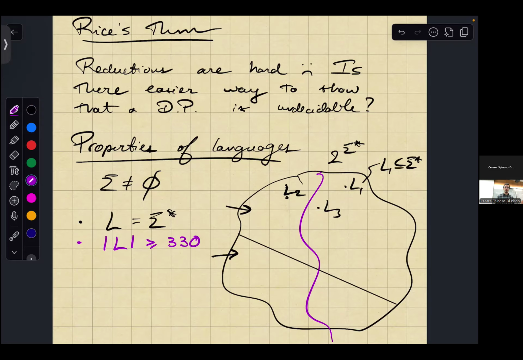So that's another partition of the power set of sigma star. Maybe one last one is 0, 1, 0 in L. This is another property of a language, because there are languages that contain 0, 1, 0, and maybe they're under this green line, and then there are languages that do not contain 0, 1, 0, so they're above this green line. So a property of a language is something that partitions this space.